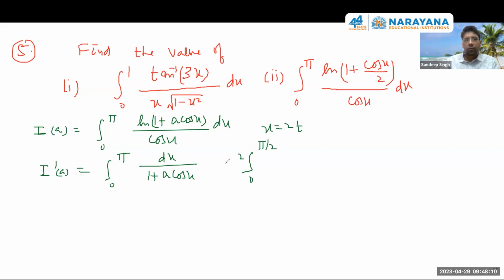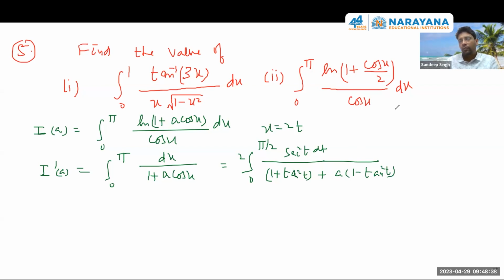So this is pi by 2, 1 plus tan square t, divided by 1 plus a times 1 minus tan square t. Right? So this will be 1 plus a plus 1 minus a into tan square t. Correct?